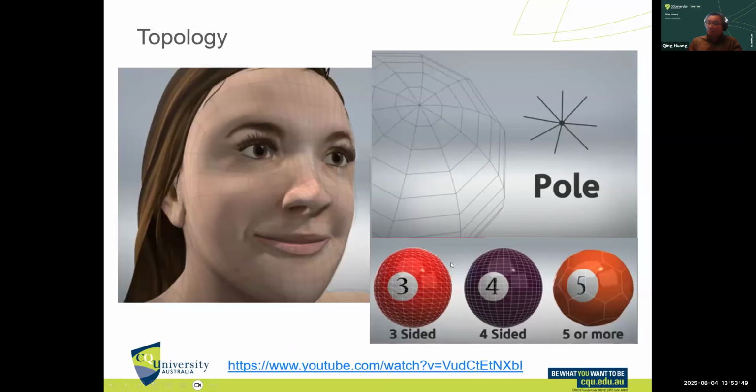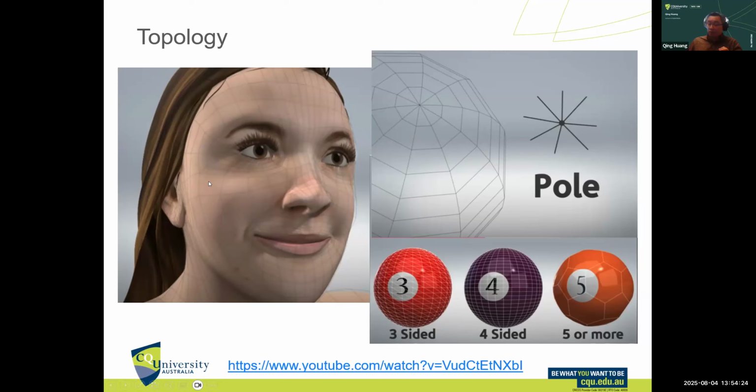One of the important aspects is the topology of the facial edge flow, or face flow, and where you strategically place those poles. We call them poles because they share multiple edges. We require you to do quads all the time, but sometimes it's a bit hard to organize the edge flow at particular points.